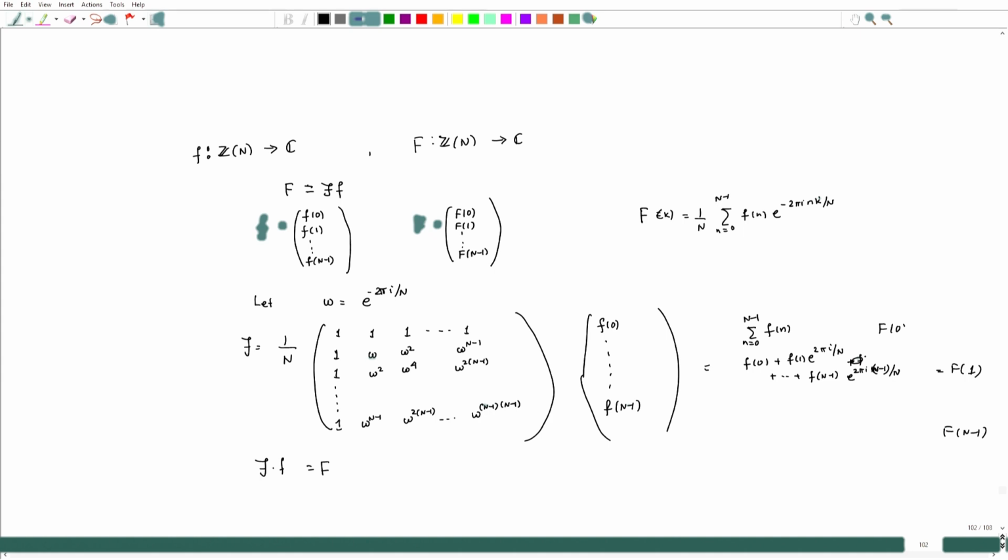Now, how many arithmetic operations are we doing to compute all the Fourier coefficients given a function f? Multiplication by the n cross n matrix is going to give all our Fourier coefficients.